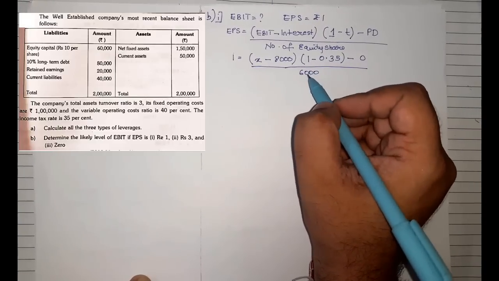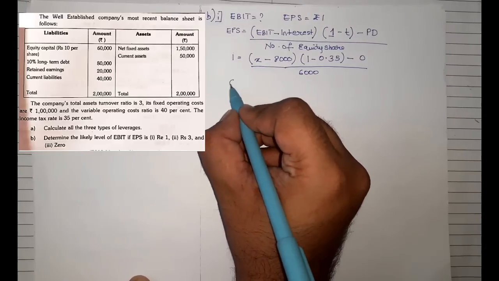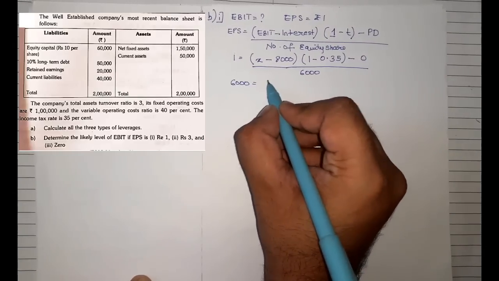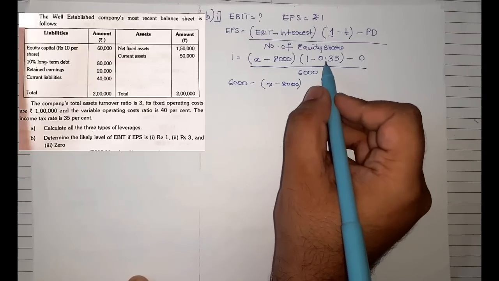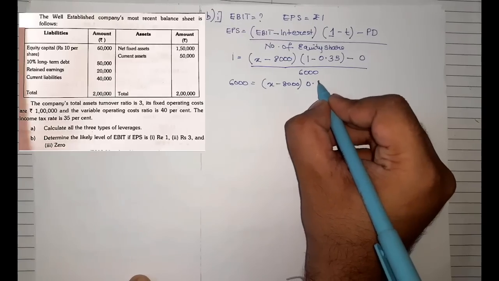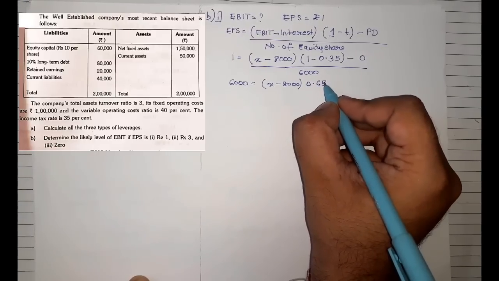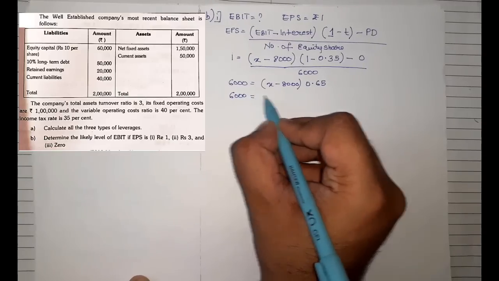After this we will cross multiply, so 6,000 into 1 is 6,000, equal to bracket X minus 8,000 into 0.65.